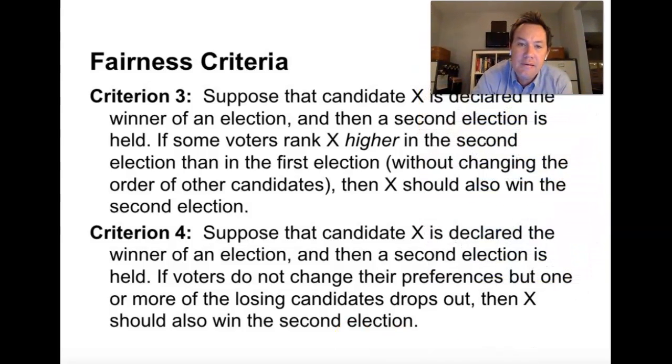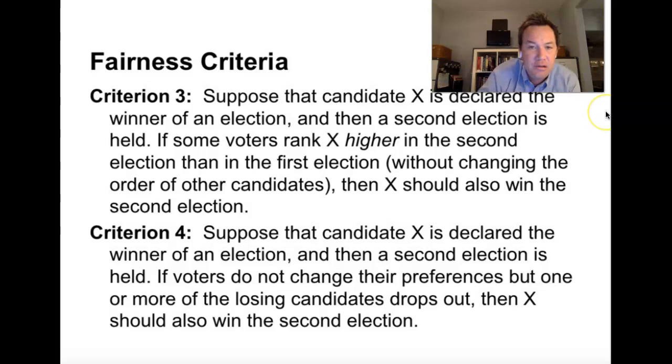All right. Criterion 3. Suppose that candidate X is declared the winner of an election and then a second election is held. If some voters rank X higher in the second election than in the first election, without changing the order of the candidates, then X should also win the second election.